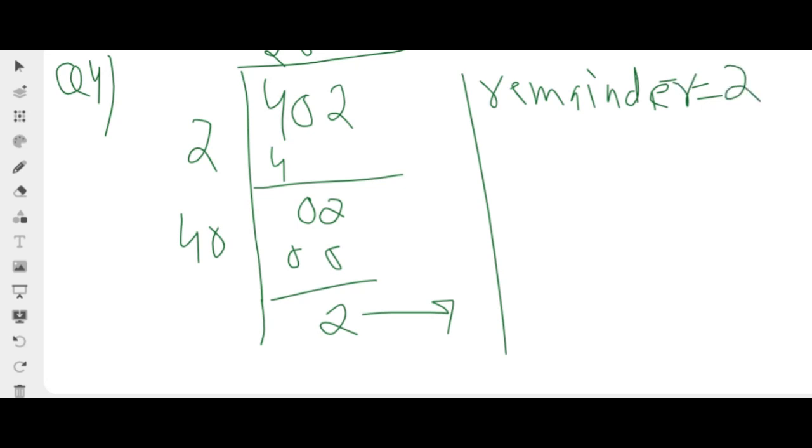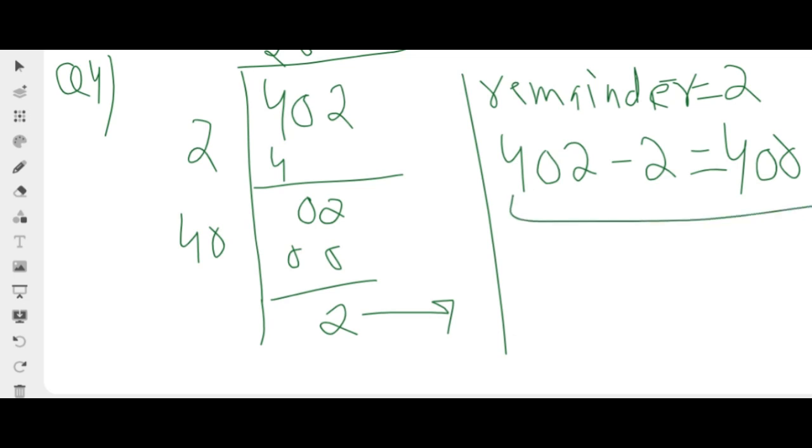So therefore a perfect square will be obtained by subtracting the remainder from the given number. So 402 will be subtracted by the remainder. Answer is 400. So the required perfect square is 400.